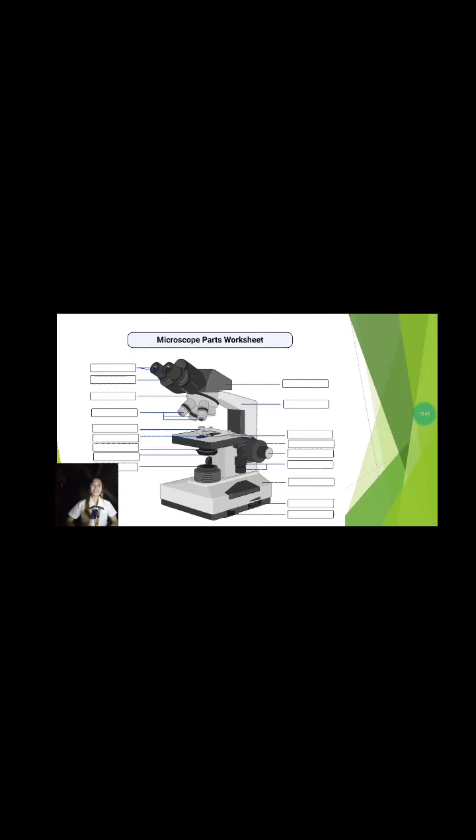Yes, exactly right. And then let's proceed to number 3. It carries the optical parts in the upper part of the microscope. Can you please answer it, Miss Hisler? Yes, correct. That is the head.